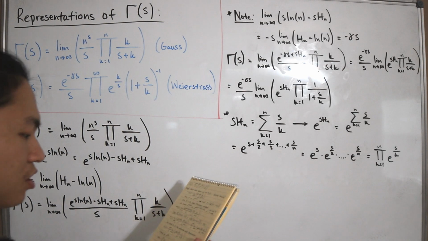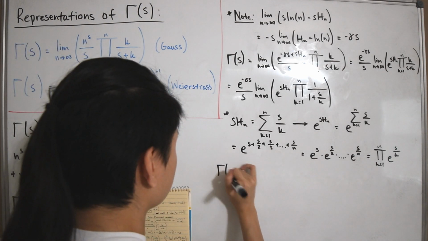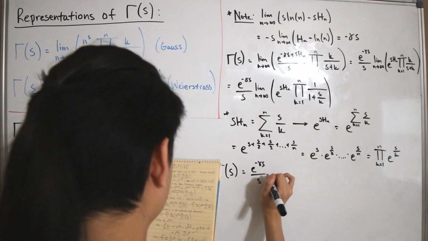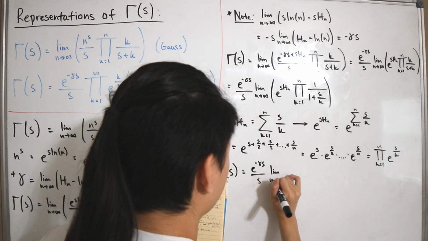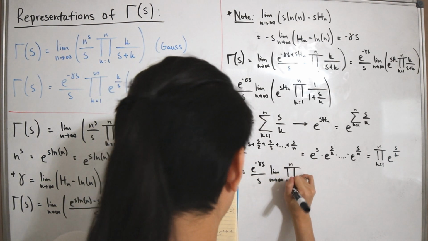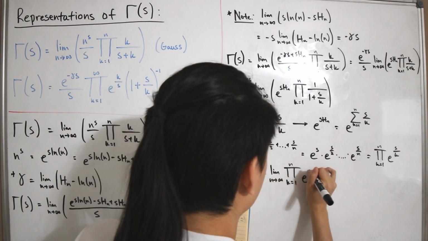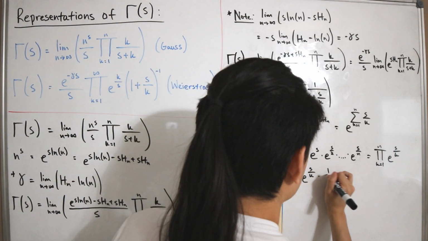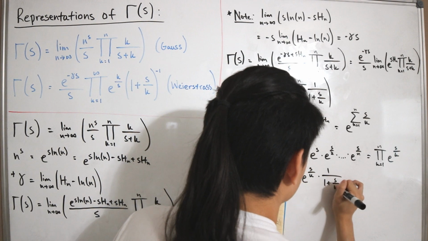So if we plug all this back in, gamma of s is still going to equal e to the negative gamma s divided by s, with the limit as n approaches infinity of the partial product, k equals 1 to n, of e to the s divided by k. Then over here, this is times 1 divided by 1 plus s over k.